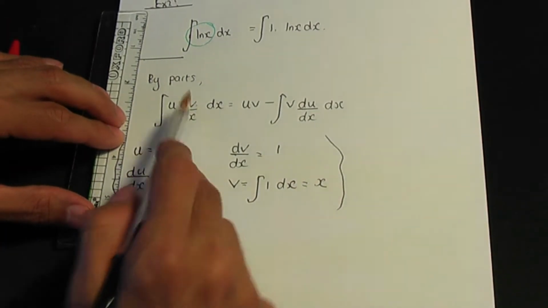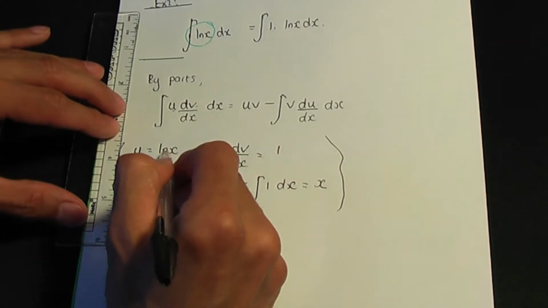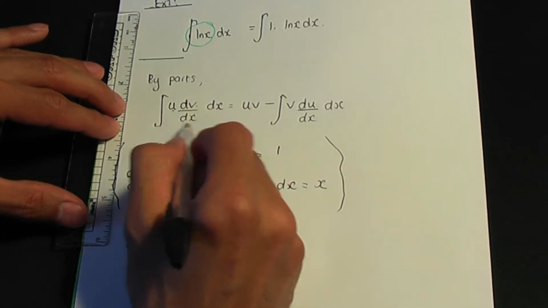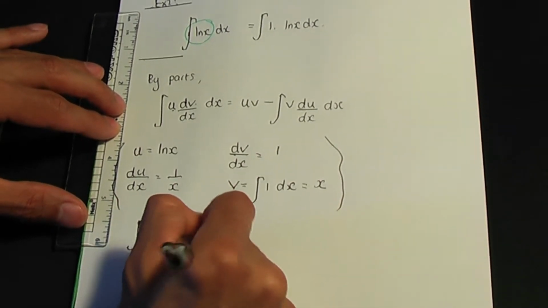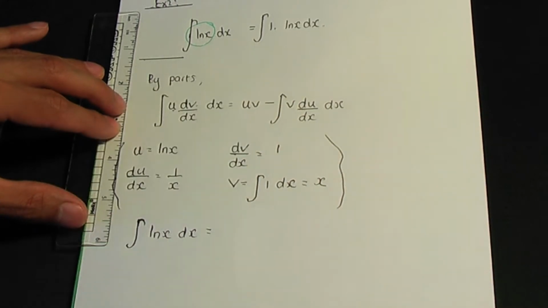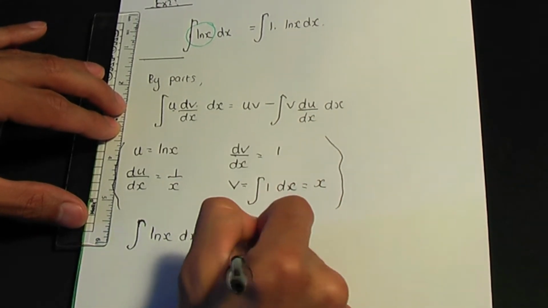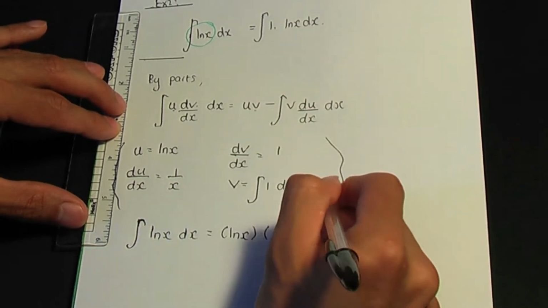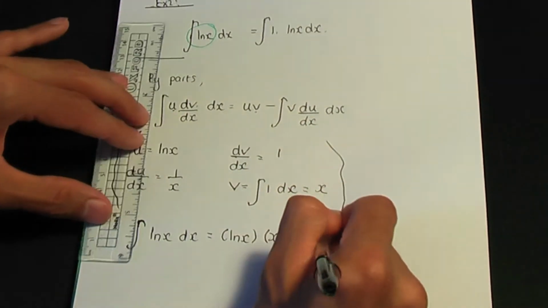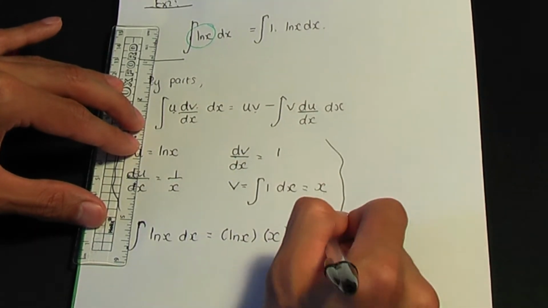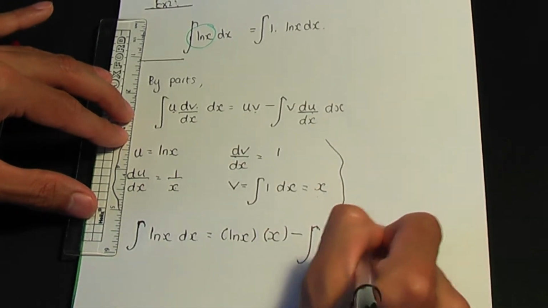So if I replace the results in our formula, left hand side is the integration of u, which is ln x. dv over dx is 1. So the left hand side should match the question. Okay. And that is equal to u, which is ln x, v, which is x, minus integration of v, which is x, du over dx, which is 1 over x.